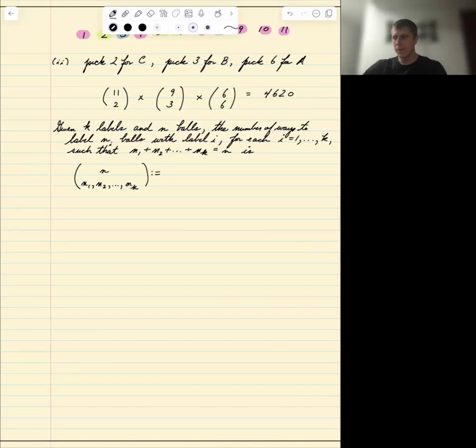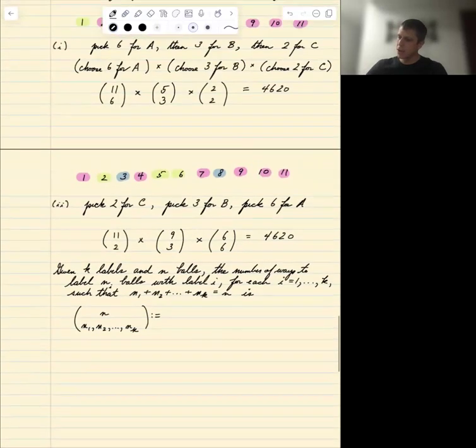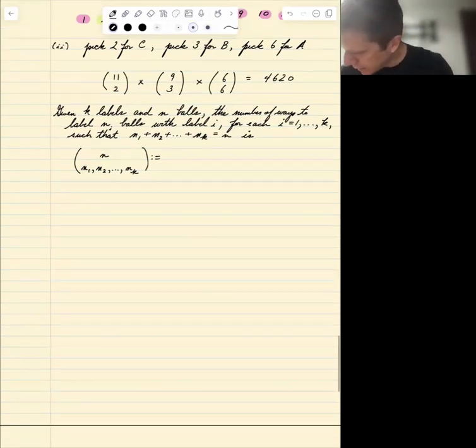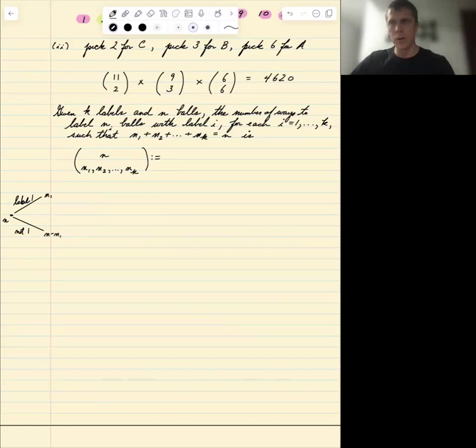What is it? Well, let's apply the same logic we did up here. We're just doing it a little bit more abstractly. There's N balls to start. Let me assign label 1 first. So for each of them, at step 1, I'm going to either assign label 1 or not assign label 1. How many are left? So there's n at step 1, n1 are getting label 1, n minus n1 are not getting label 1.